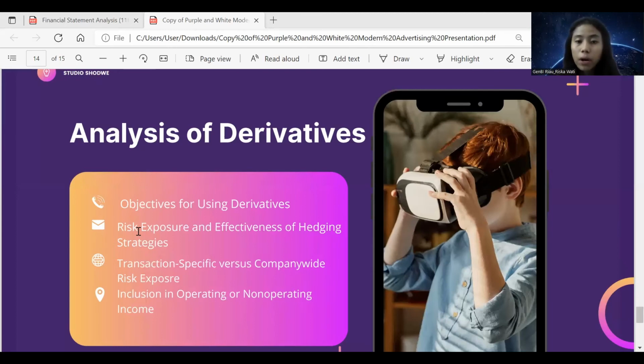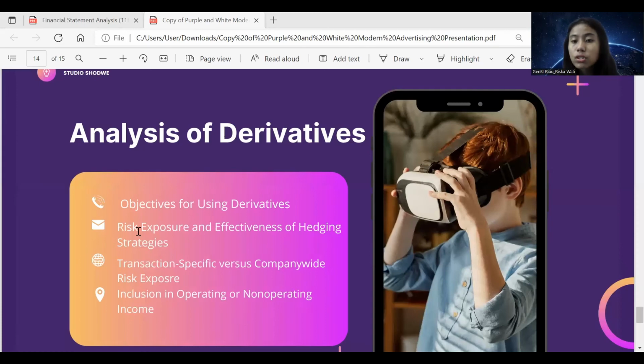The third point is about transaction-specific versus company-wide risk exposure. A company hedges a specified exposure to a transaction, commitment, asset, or liability, while hedging a specific exposure does not usually reduce the overall risk exposure of that company to an underlying economic variable.